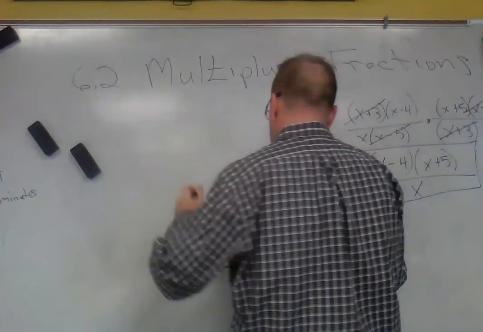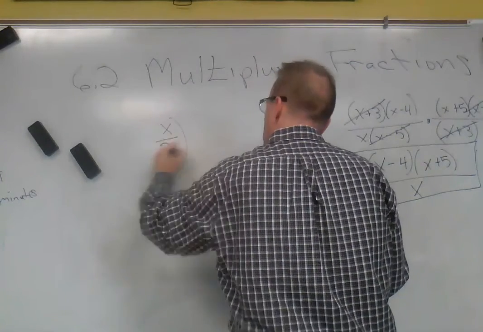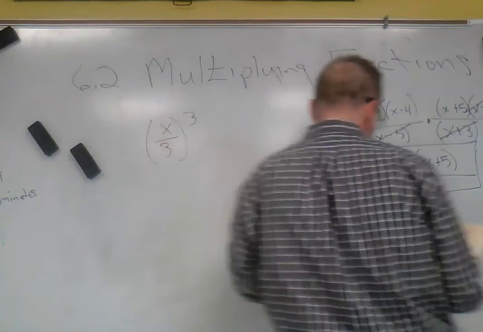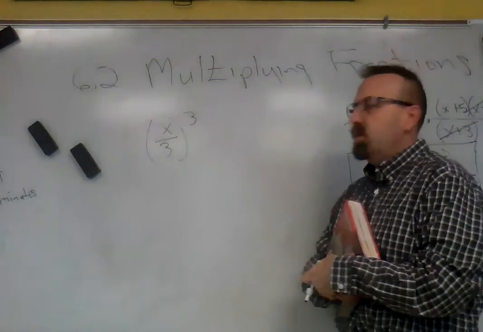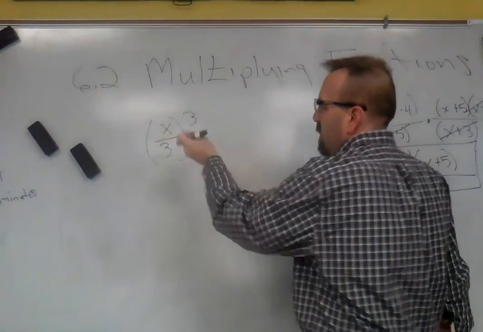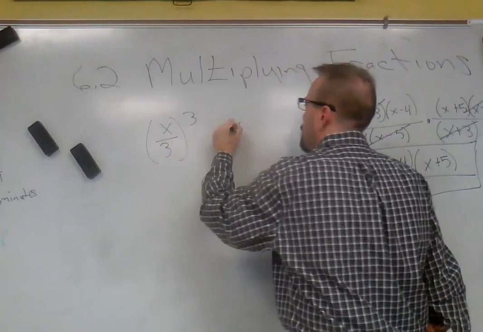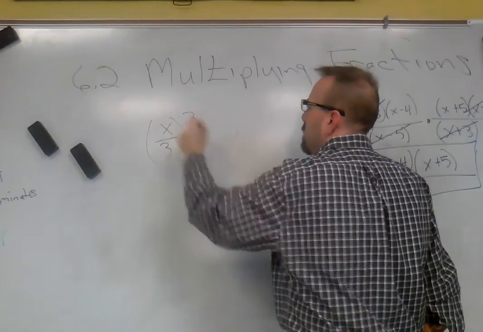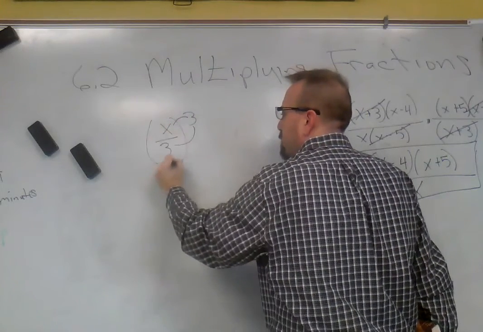All right, one last couple examples we're going to do. We have done a little bit like this before, I think, but it's been a while. So if we have a quotient to a power, we take that power and give it to both parts.